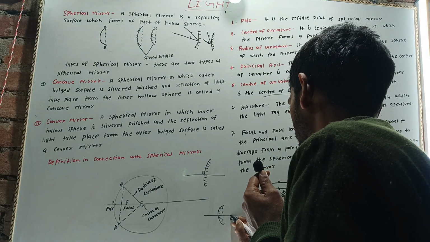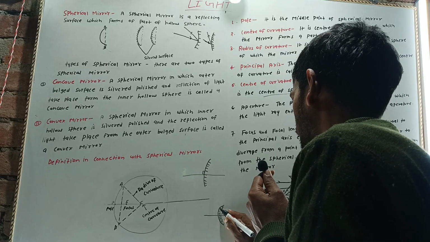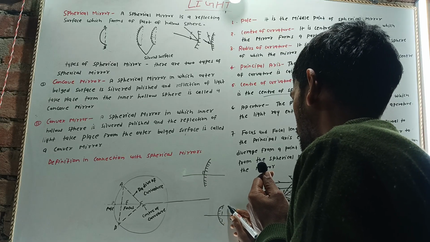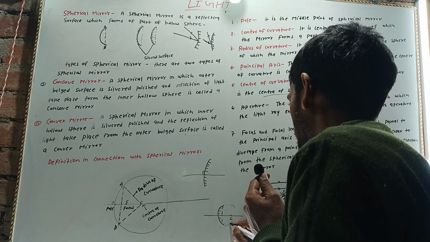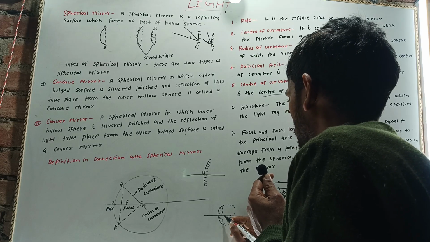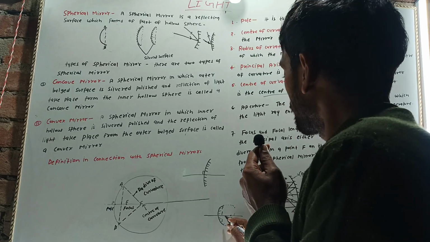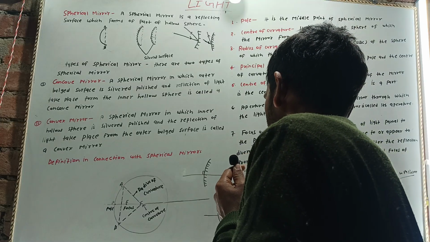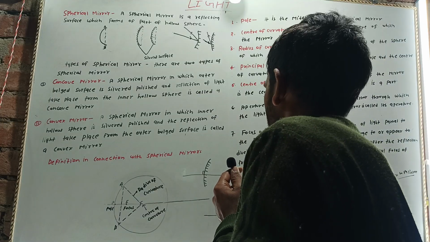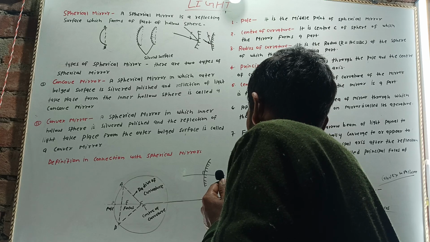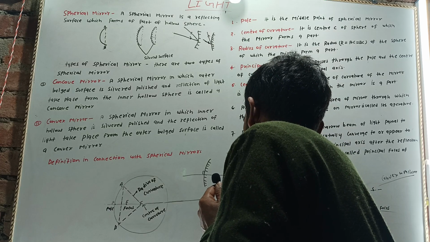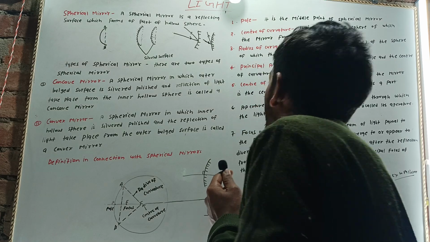This is the center of the hollow sphere, and for the cut part also, the center of curvature is C.